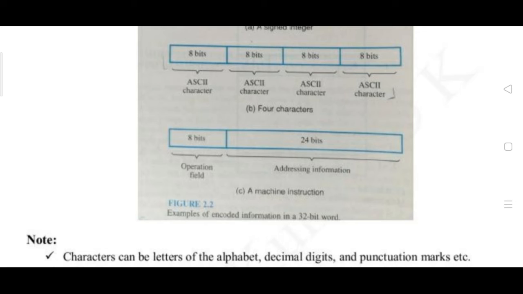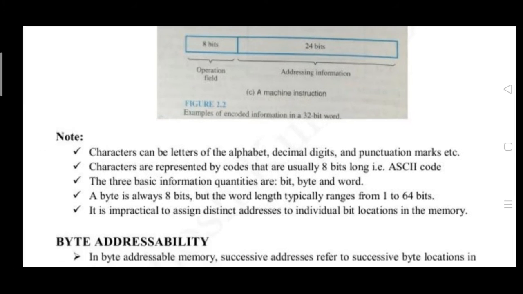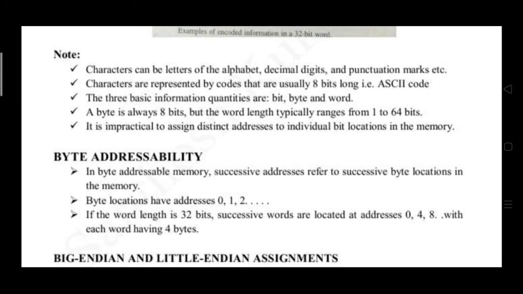And for addressing information, the remaining 24 bits represent the register information or location information. Please go through the description, the same thing that I told you.